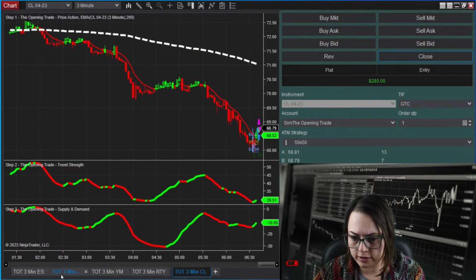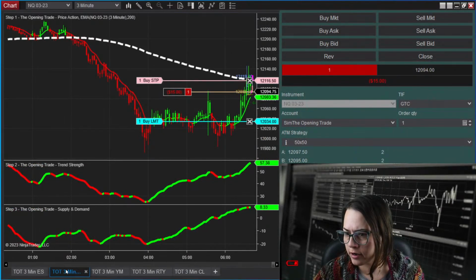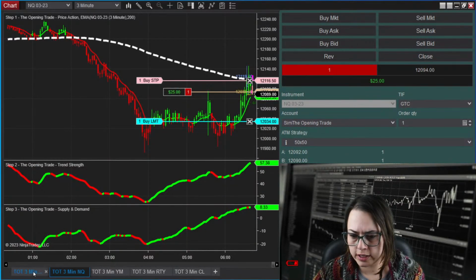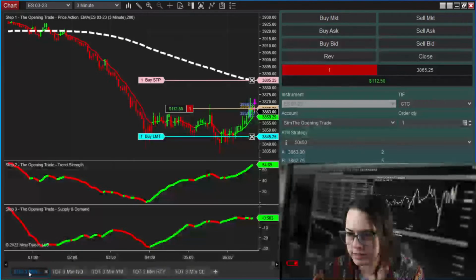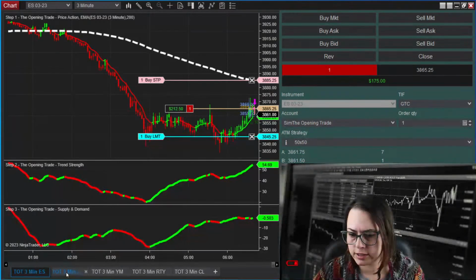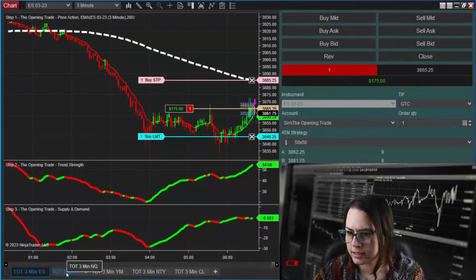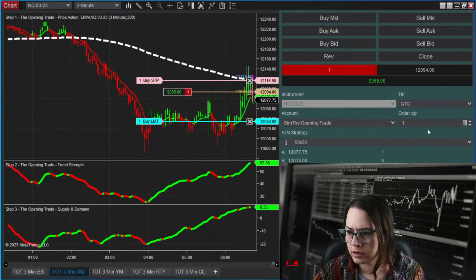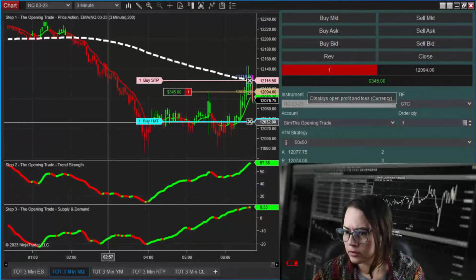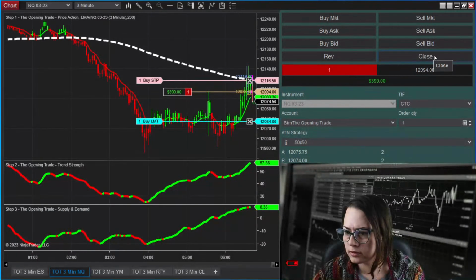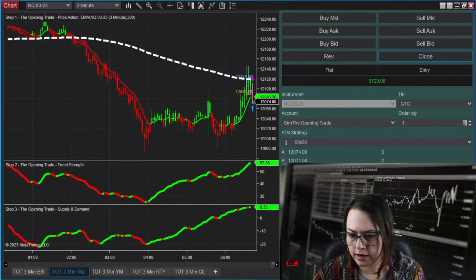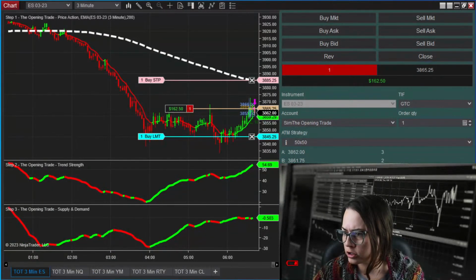Okay, so we heard a trade fired off. A trade fired off on the Nasdaq, and one already fired off on the ES. The ES is already in profit. Oh, so is the Nasdaq. Okay, I closed the Nasdaq and got some like $500 right there.